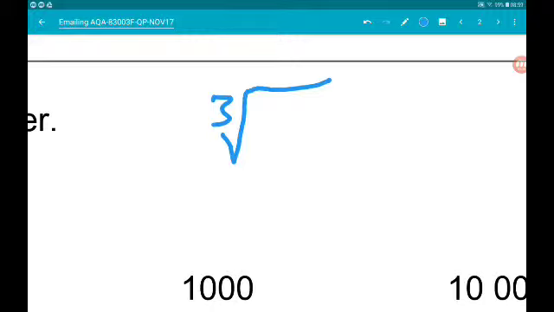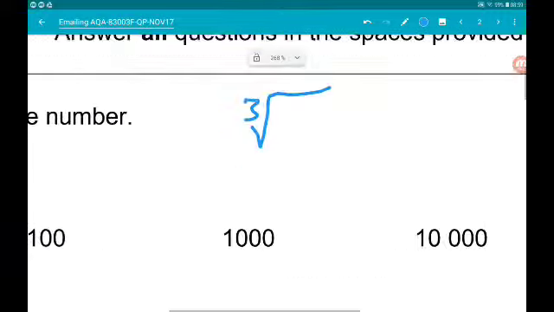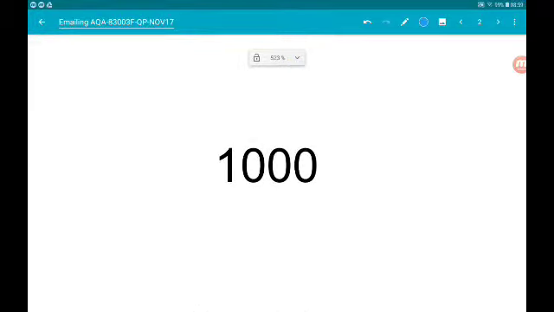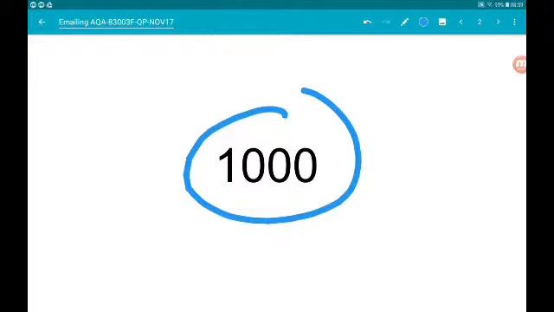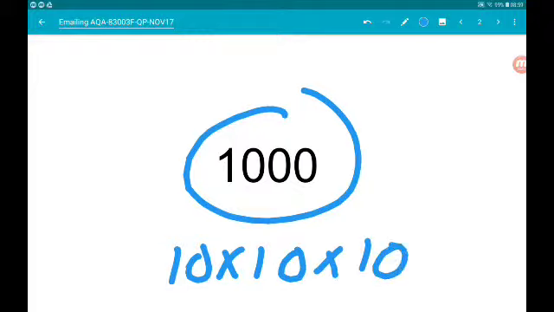If you cube root a number that isn't a cube, you will get a decimal. If you cube root a cube number, you will get a whole number. So the cube number here is 1000, which is 10 times 10 times 10.